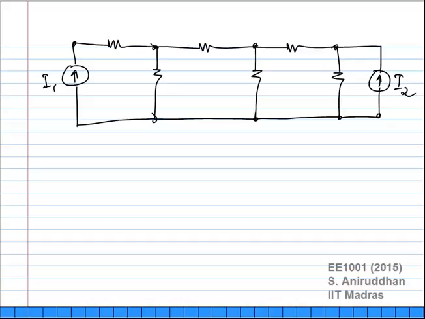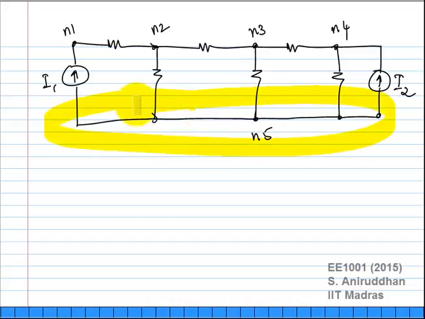Okay, N1, N2, N3, N4 and N5. Remember again, this is an agglomerated node. I've just drawn it this way for ease of drawing. It is just the same node. So I have 5 nodes, right?